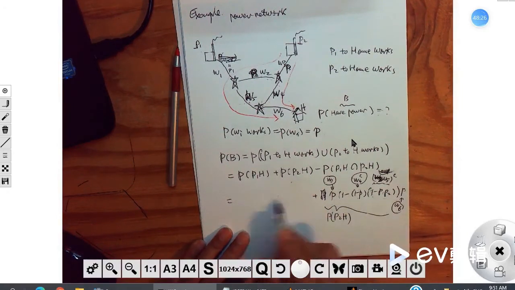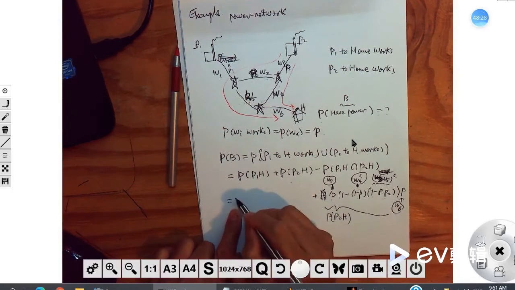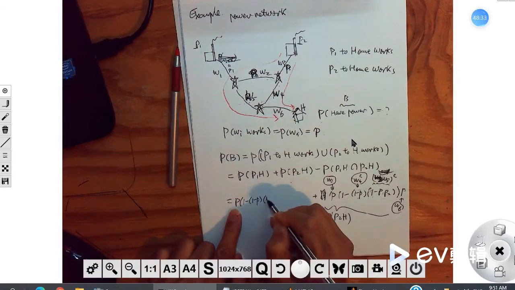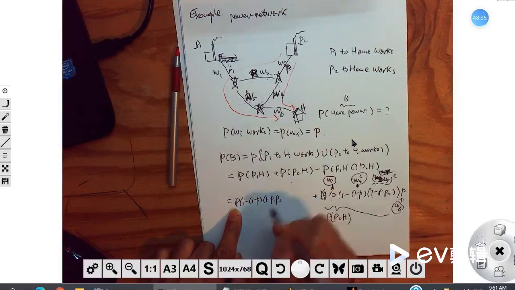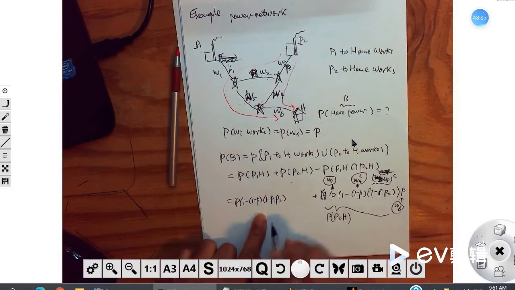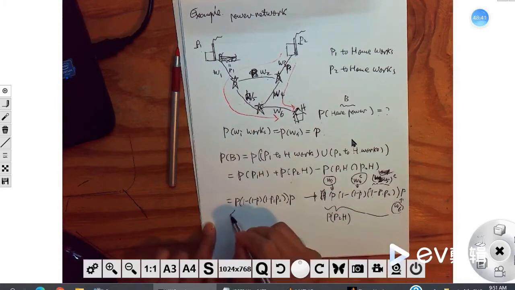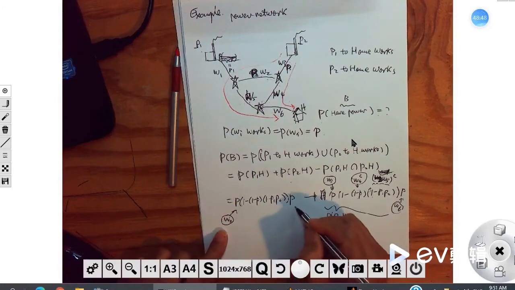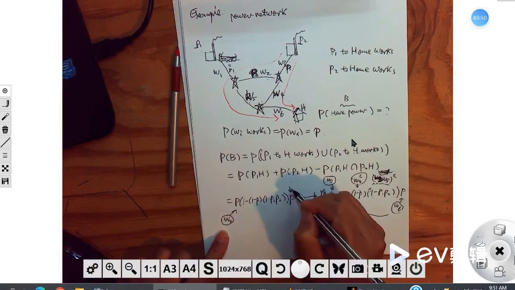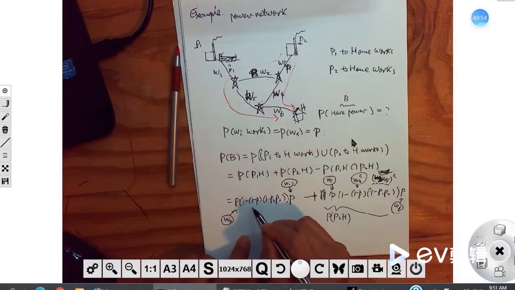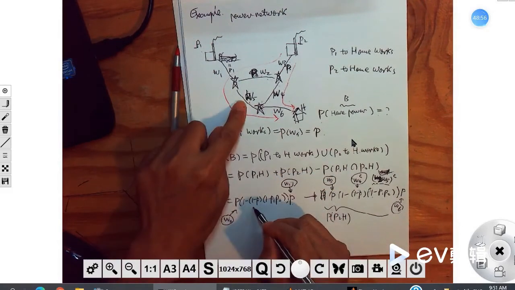And similar here, that will be P times 1 minus P and 1 minus P1, P2 and P plus. So this one is here, still W6 works, and this one it is here, W1 works, and this part 1 minus P will be this one.